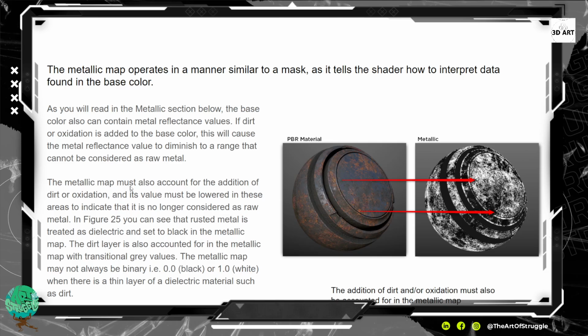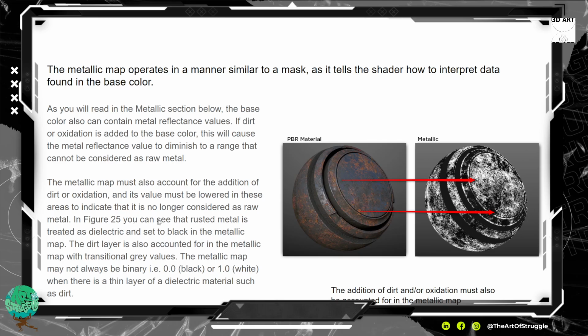The metallic map must also account for the addition of dirt or oxidation. And when they say oxidation, it's just rust, guys. Sometimes they try to change the words up. Its value must be lowered in these areas to indicate that it is no longer considered as raw metal.